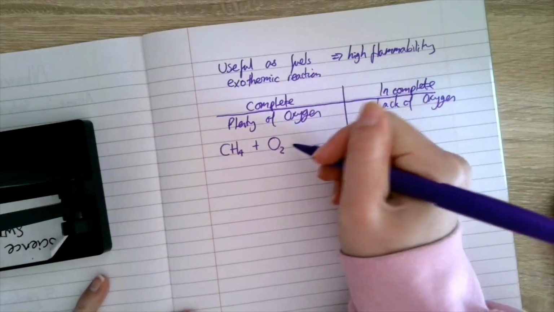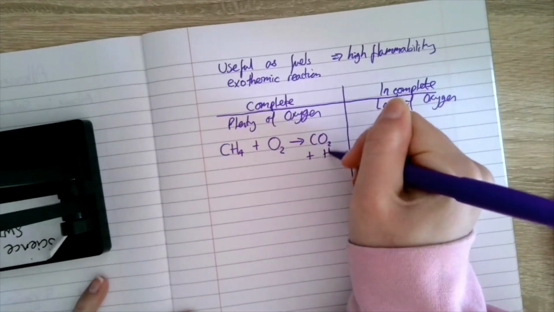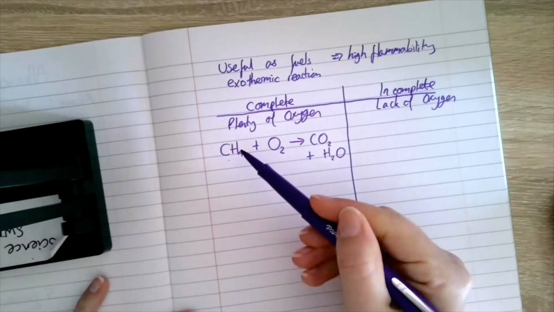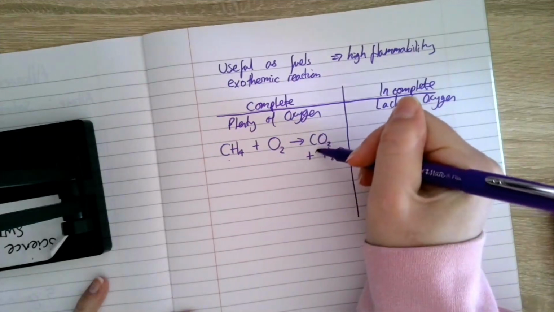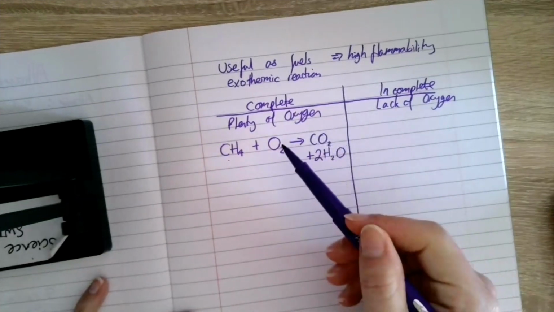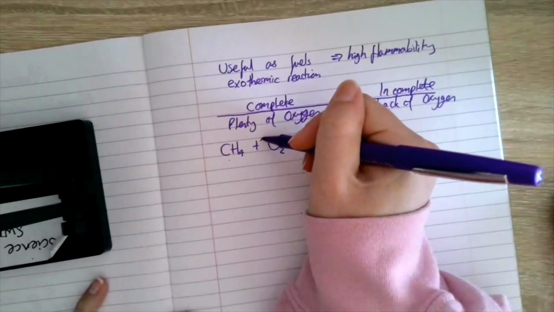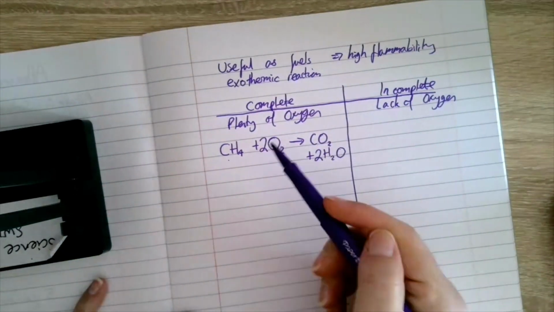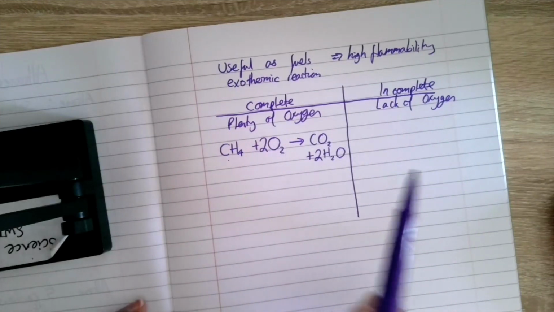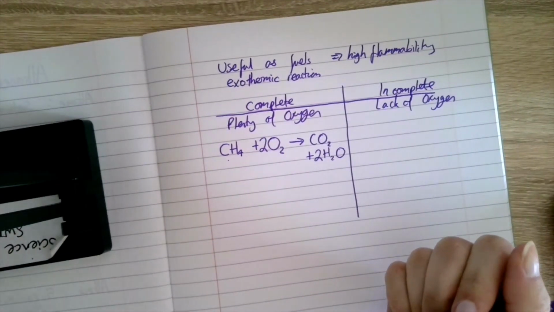What we're going to make in complete combustion is carbon dioxide and water. So here, 1 carbon, 4 hydrogens, only 2, so we need to double the amount of water we have, so we now have 4 hydrogens. Now check our oxygens, we've got 2, 3, 4, so double our number of oxygen molecules. So here you can see that you're using 2 molecules of oxygen in order to combust 1 molecule of methane.